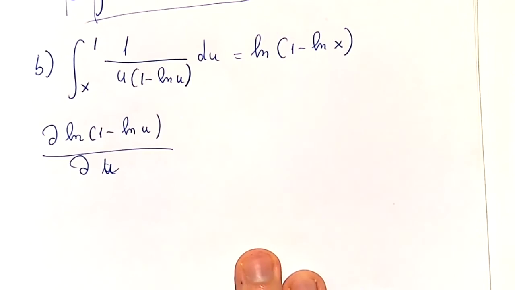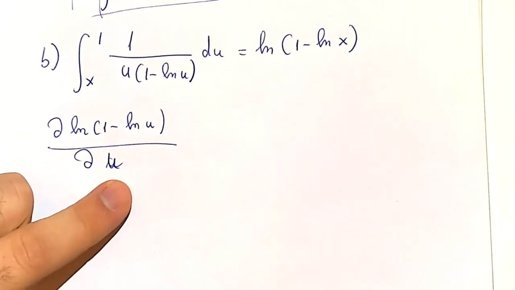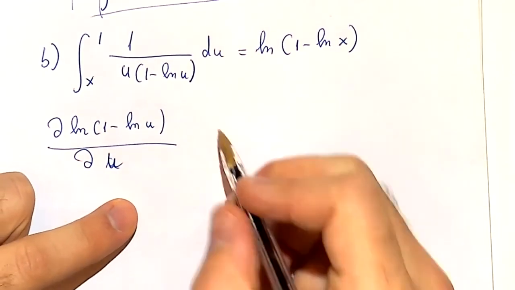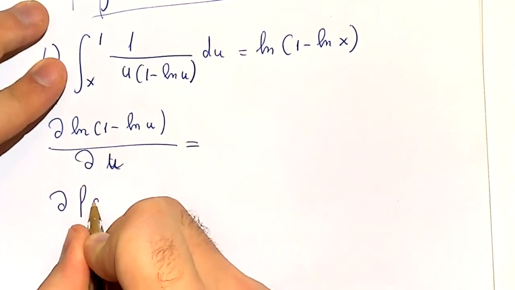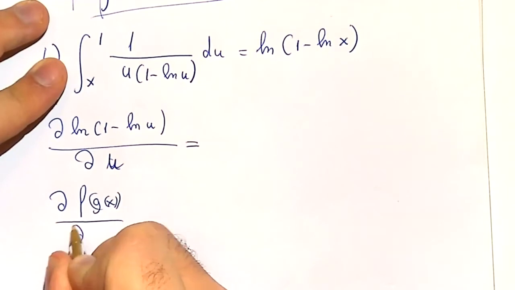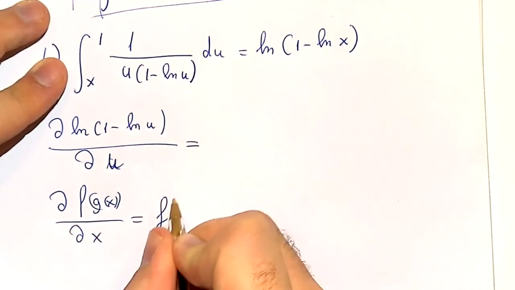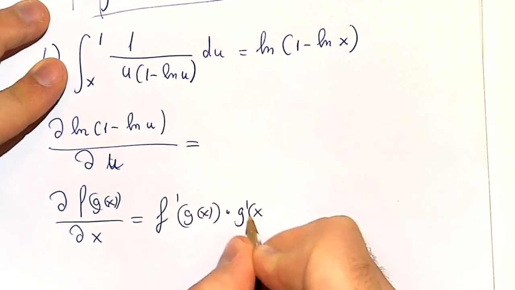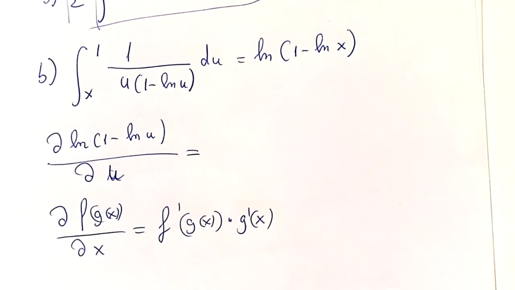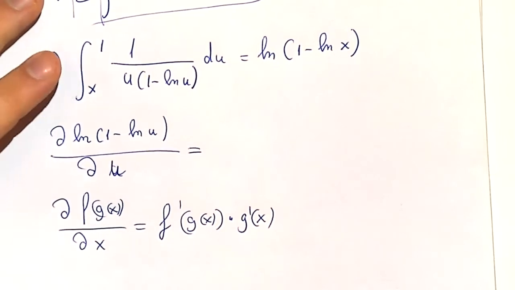So I'm just going to take a derivative of this and see what happens. I'm just going to use the chain rule, in case you forgot it: f prime of g of x multiplied by g prime of x.